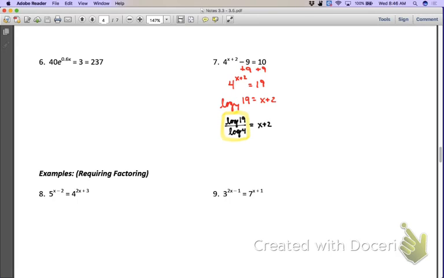So I'm going to do what's in the box first, and then subtract the 2, so that is about 2.12, and it's equal to the x plus 2, and then subtract the 2. I'm assuming it'll probably want it to about 3 decimal places, so it's about 0.124, after I subtract the 2 from the right side and the left side.